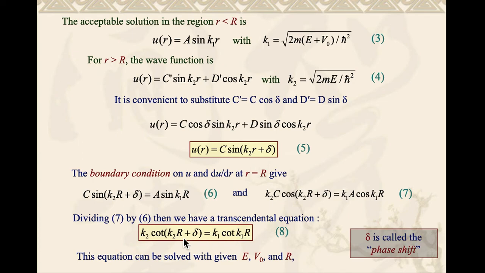So K2R is greater than K1R, and you have to decrease that K2R. Then only the value of K2R will be equal to that of K1R and you can get equal values. That is why this delta should be negative.